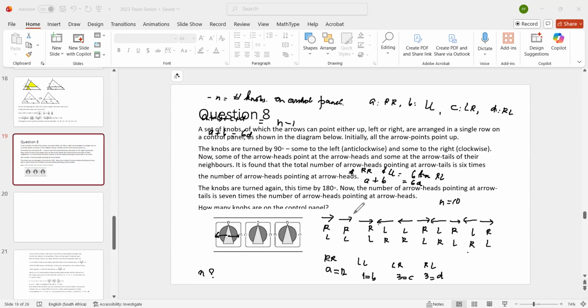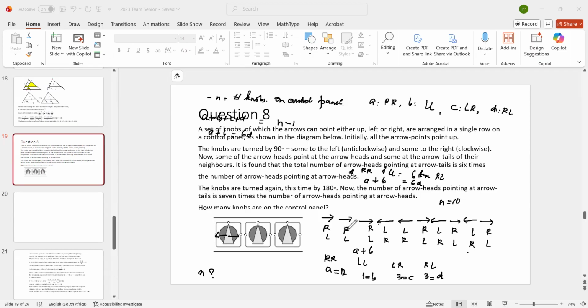And this time, because the R's become L's, the number of these R's switch to that and the L's switch to that. So you will have in this new configuration, the A becomes B and the B becomes A. So again, it's the same thing.